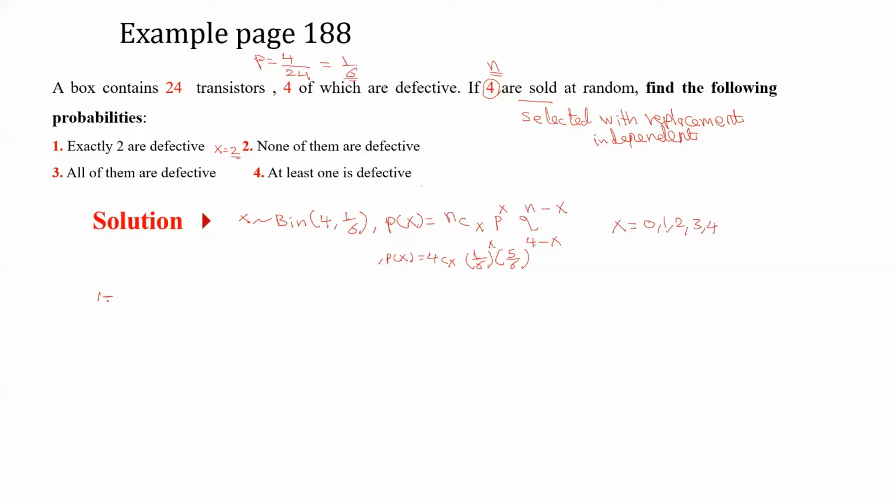We find P of x equal 2: instead of x we put 2, so 4C2 times (1/6)^2 times (5/6)^(4-2), which is squared. 4C2 is 6, (1/6)^2 is 1/36, multiplied by 25/36.